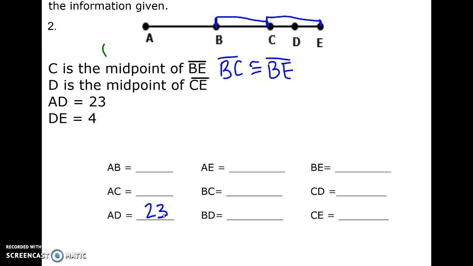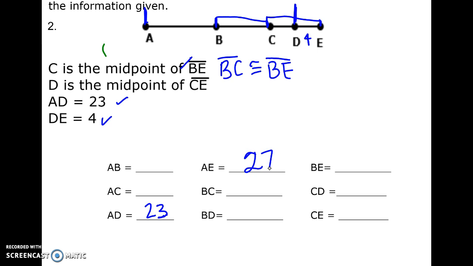And then DE is 4. So this is 4. DE is not on the bottom. AD is 23, so from here all the way to here is 23, which means the whole thing would be the 23 plus the 4, or 27.